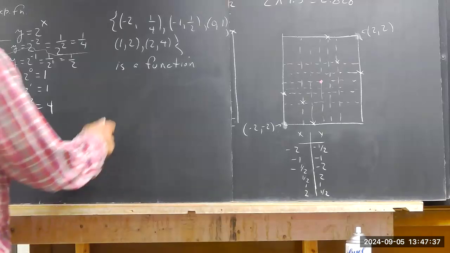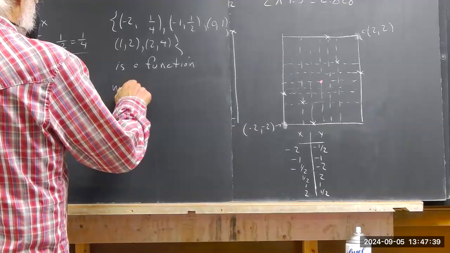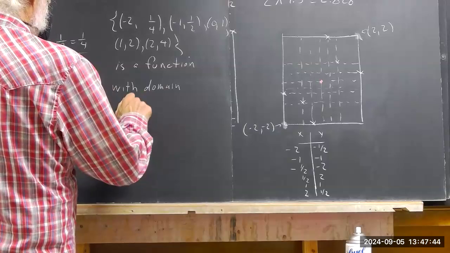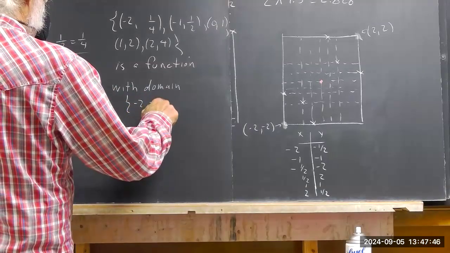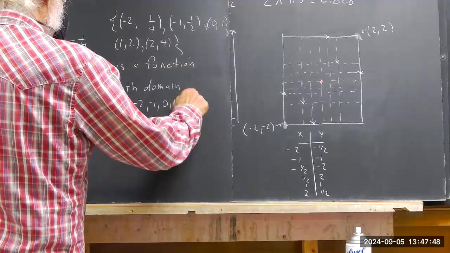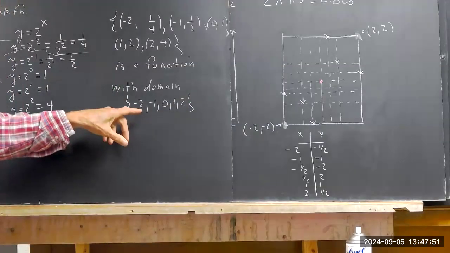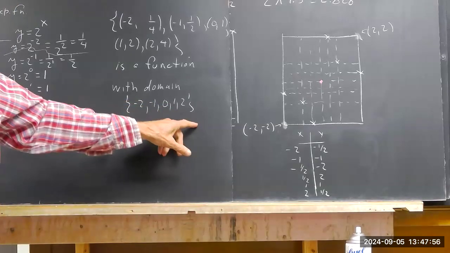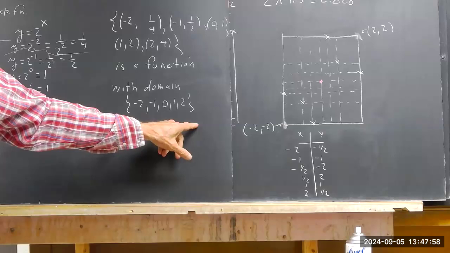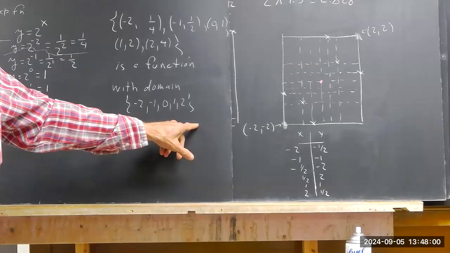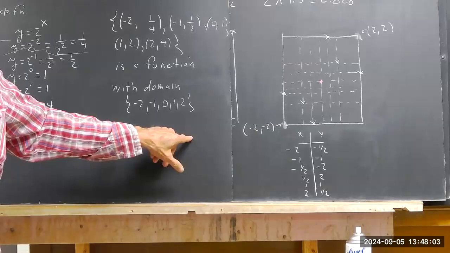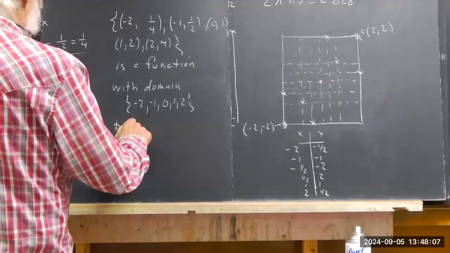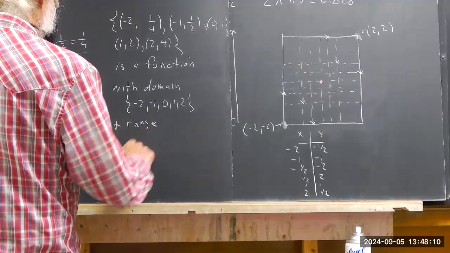Matter of fact, I'll clarify a little bit. The domain of this function is -2, -1, 0, 1, 2. The set of x values we use for constructing points, isn't it? So the domain is your set of x values. The range is your set of y values.